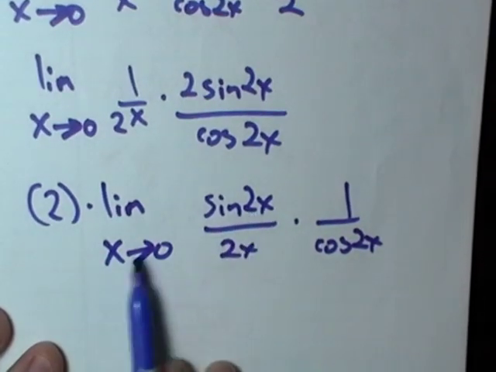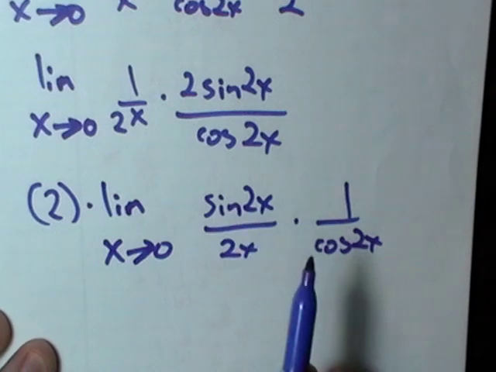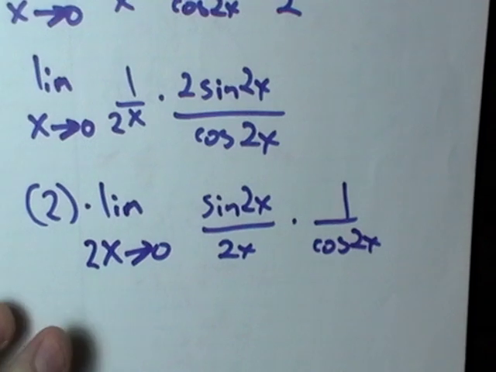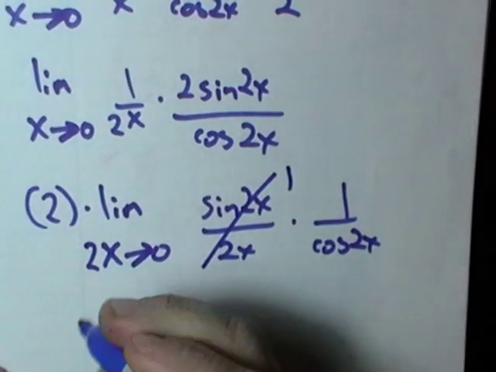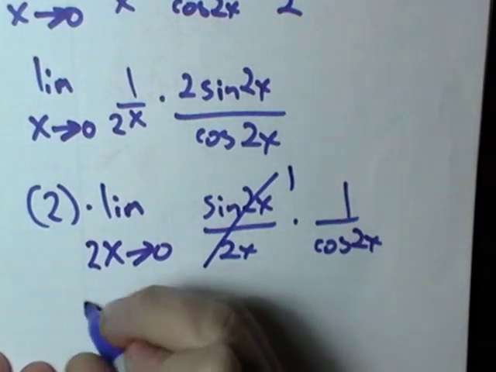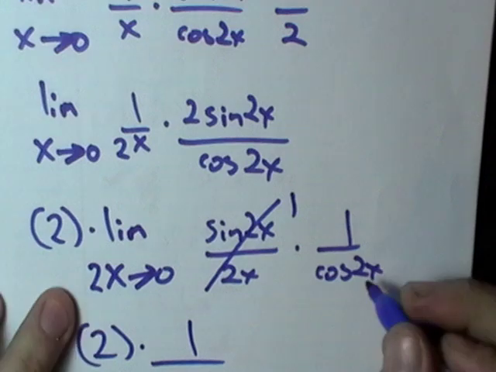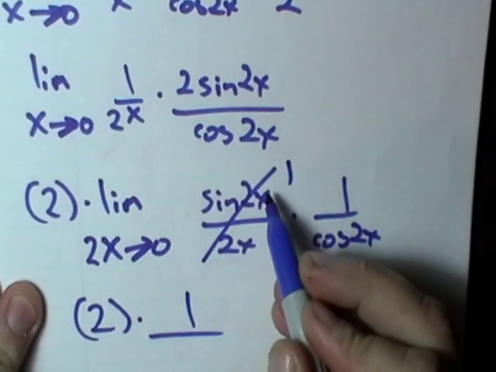If x goes to 0, then 2x is going to go to 0. We already found out that we can rewrite that, so I'm just going to go ahead and do it right now. Take the limit as 2x goes to 0, and this is going to be 1. And so I'm going to end up with 2 times 1 over... Oh, and also, as this goes to 0, this is going to go to 1.